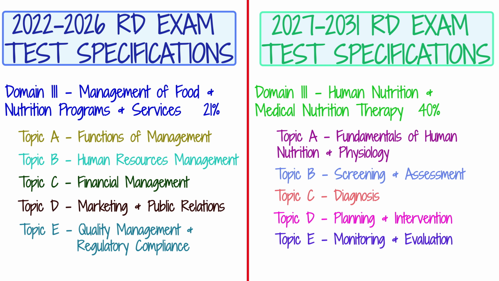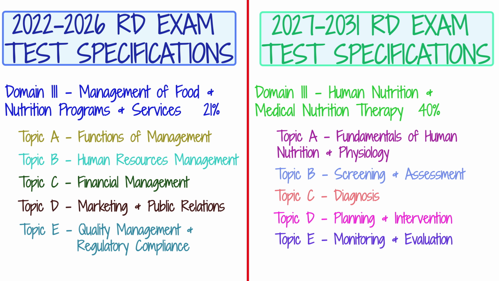So basically, this domain becomes the central clinical backbone of the exam. It emphasizes physiology and the nutrition care process. It gets rid of all that management stuff, and that stuff got sent over to Domain 1 as we previously covered. So huge shift of domains going on here.